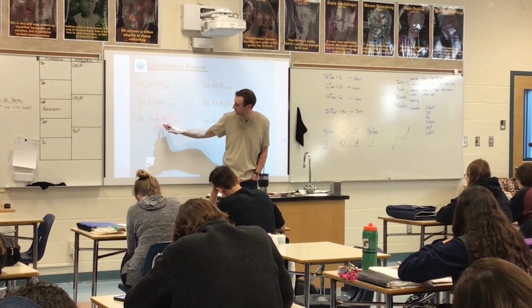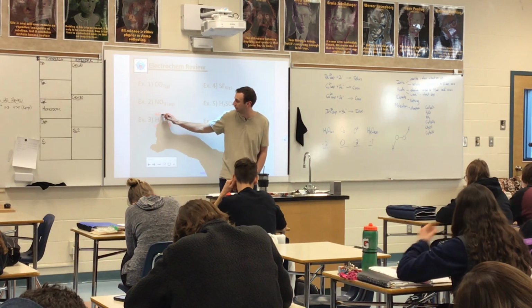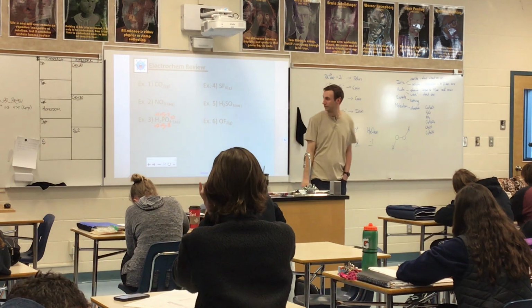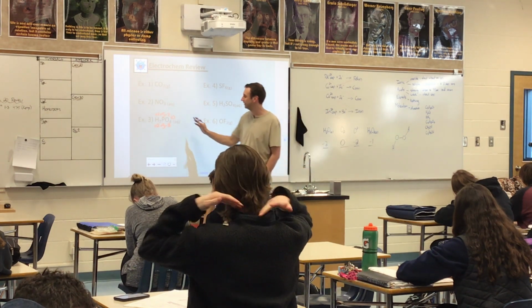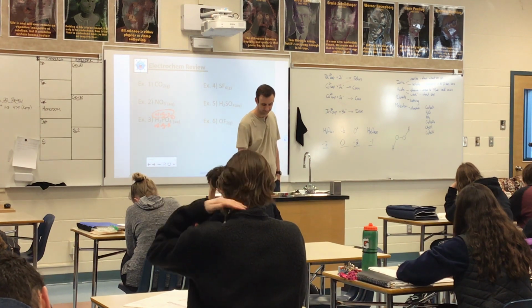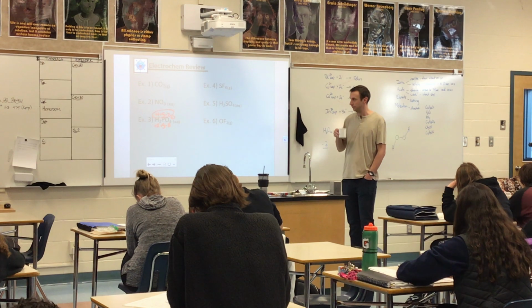So +2, +5 is 7, minus 8 is -1. So phosphorus, because I only have one of them, will be +5 to make that work. So on the top, these are my oxidation numbers: +1, +5, -2. All right, why don't you try out the other 5?